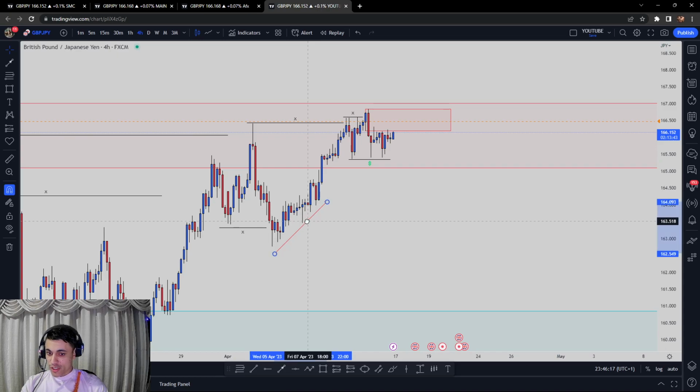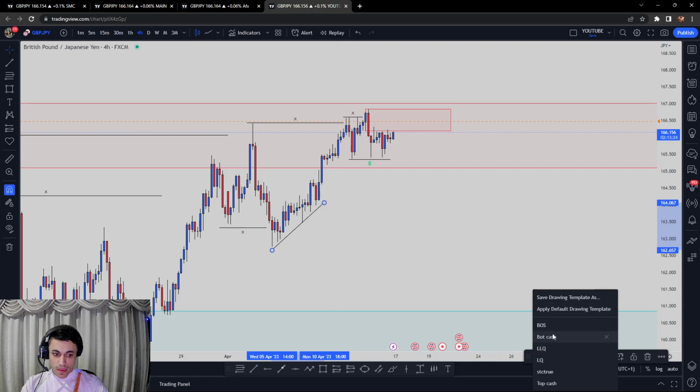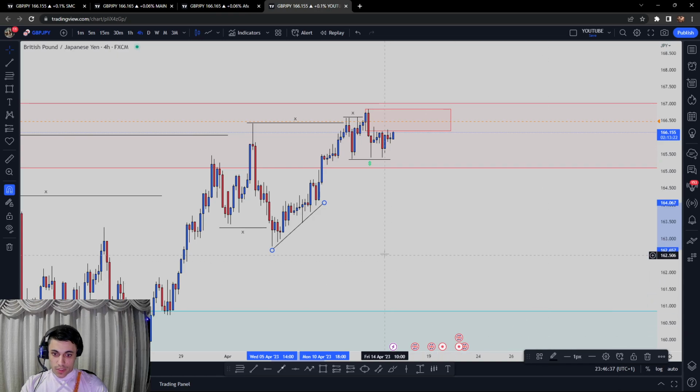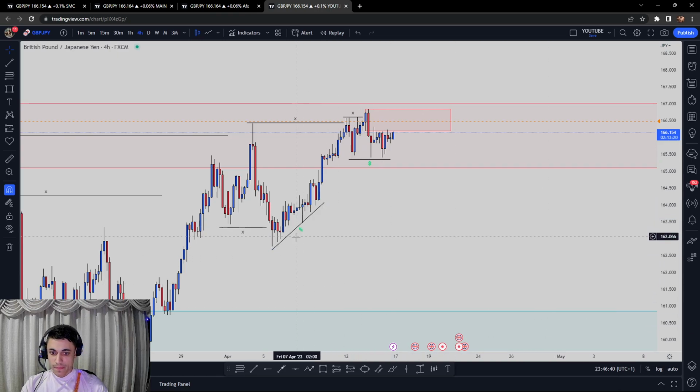Trend line traders would buy on the trend line and then put stop losses below. So there's a lot of liquidity also resting below this level. From here to here, there's a lot of liquidity just sitting. Cash, right there. Another liquidity area that the market could potentially come back and sweep.